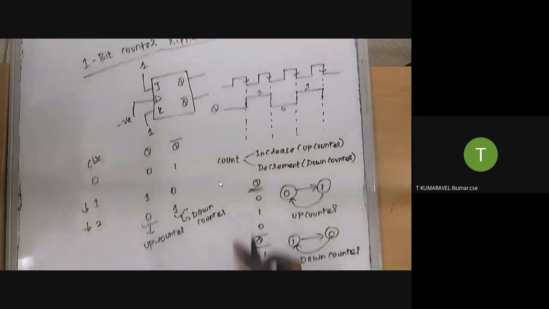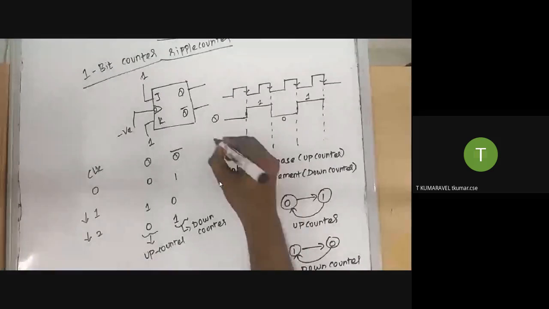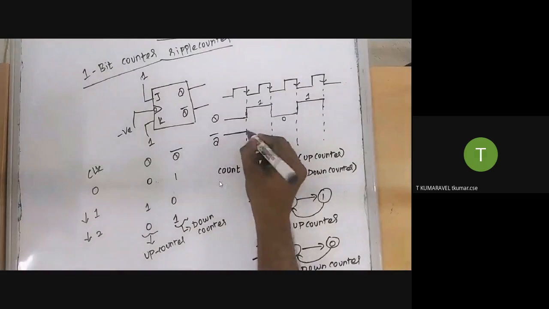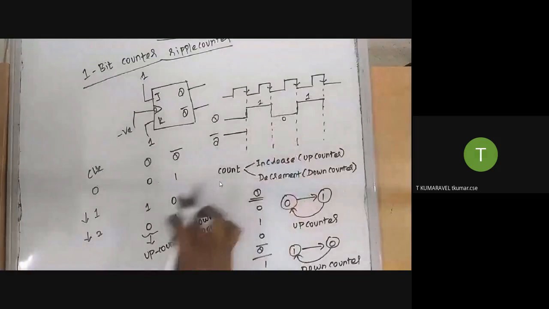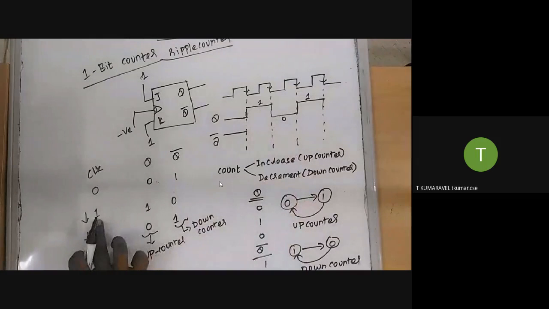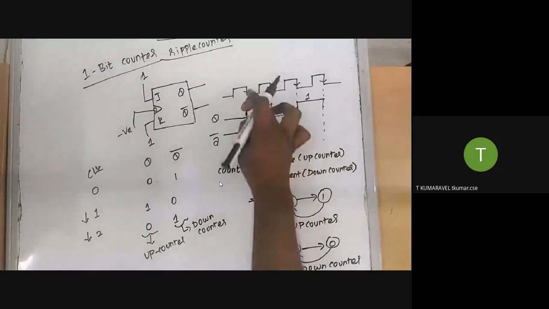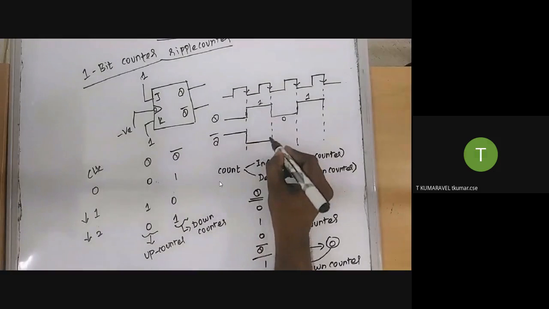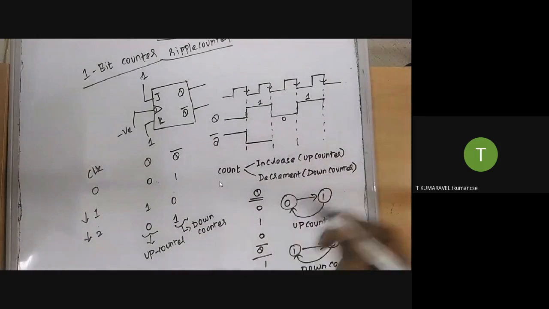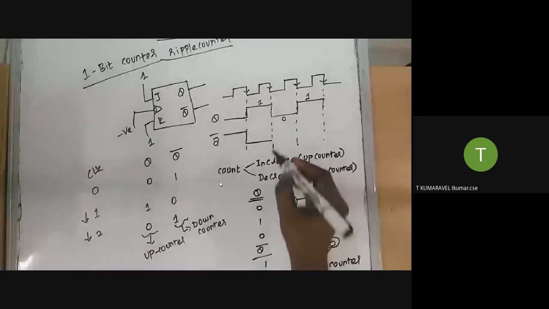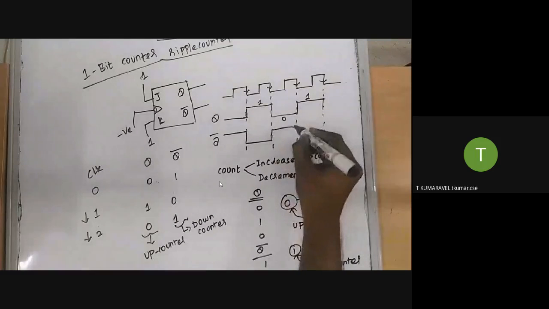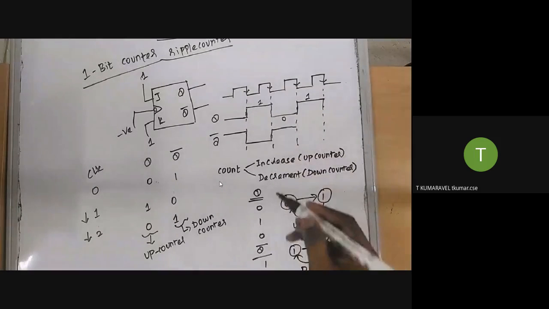Q bar also, I'm going to represent here. The initial value is 1. Whenever the negative edge clock occurs, the value becomes 0, and it will retain until the next negative edge clock. Here at the negative edge clock, it will toggle the previous value.